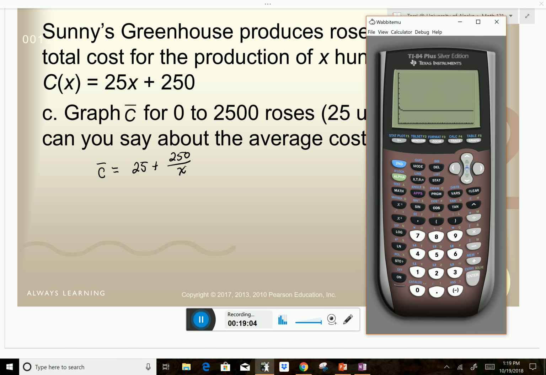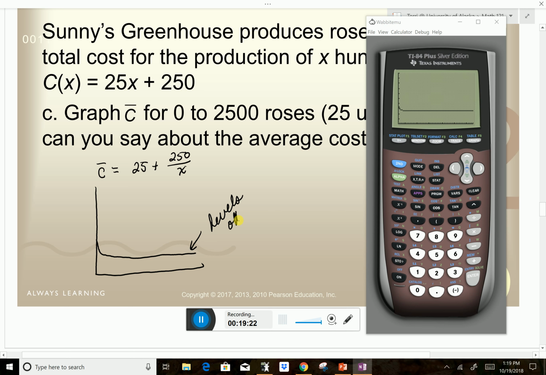So let's just take a look at this real quick and think about what's going on here. So it looks like we have a situation like this. So this pretty much levels off. Oh, 2,500 roses. Oh, I made a mistake.